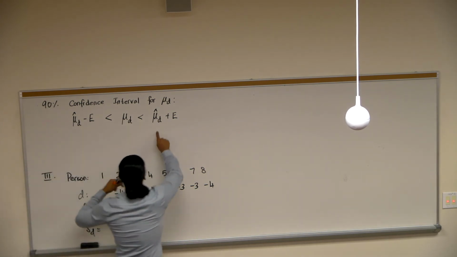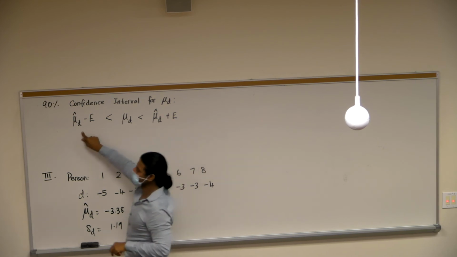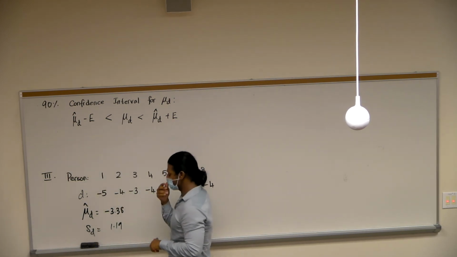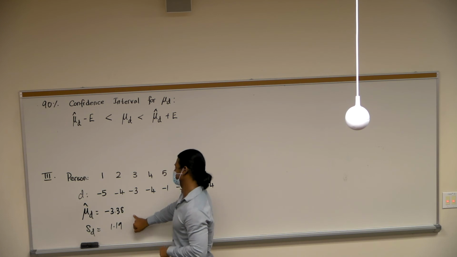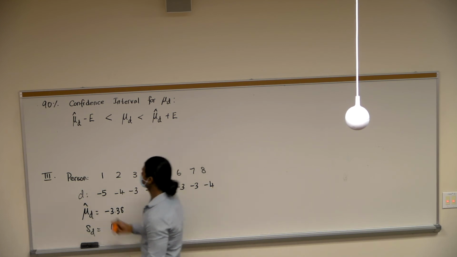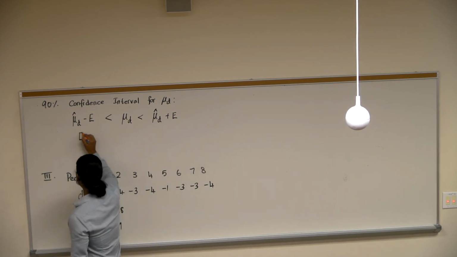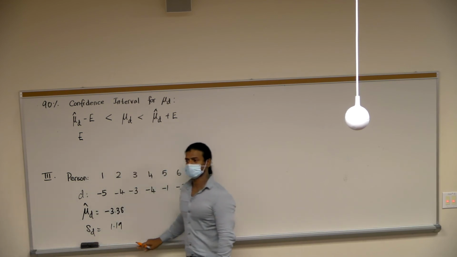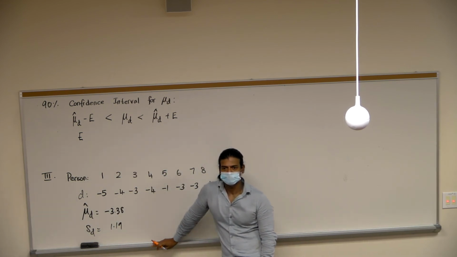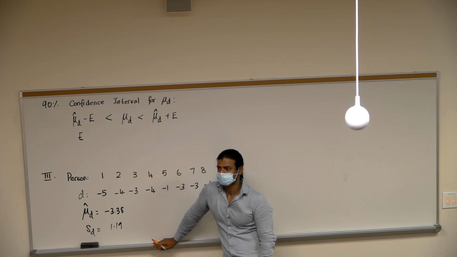So, mu d hat plus E and mu d hat minus E. We know mu d hat, which is negative 3.38. What is E? Starts with the letter M. The margin of error.